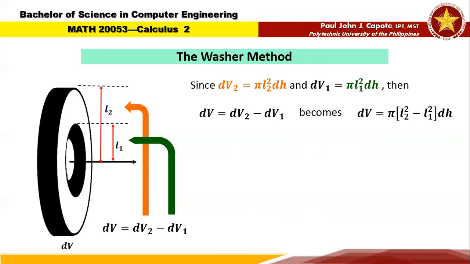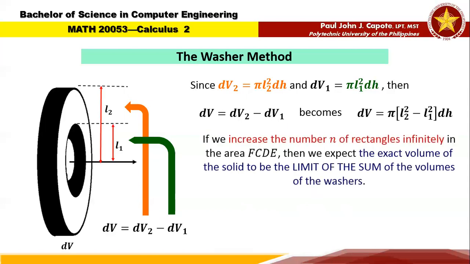It becomes dV is equal to pi times L sub 2 square minus L sub 1 square dH. Or simply, the volume of the washer is equal to pi times the difference in the squares of the length of the upper base from the axis of rotation and the lower base from the axis of rotation, times dH.